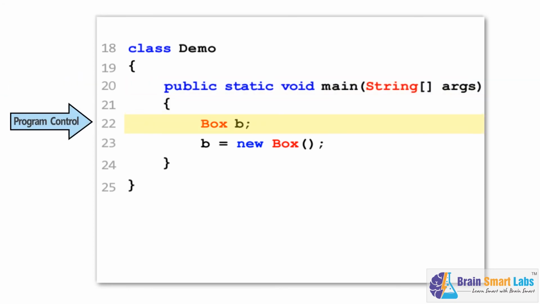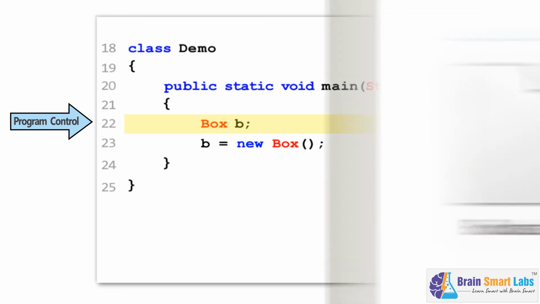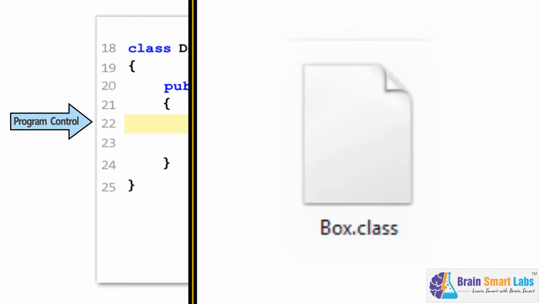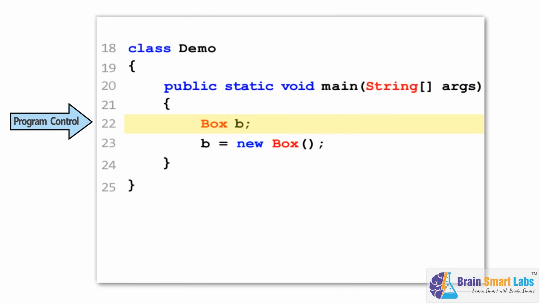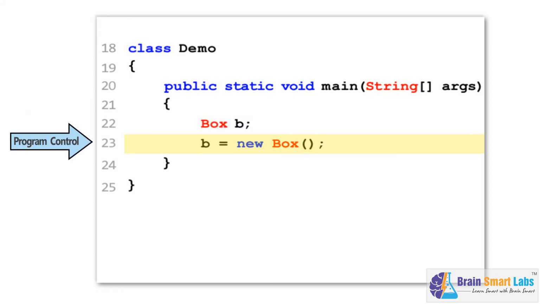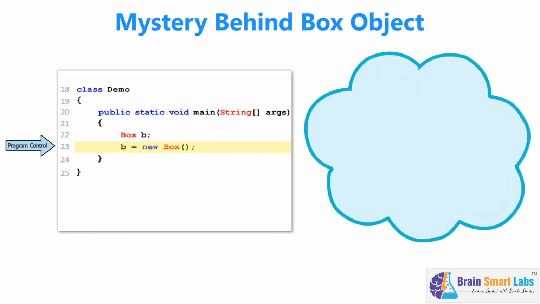In line number 22, when your program says box b, as we are declaring the box variable for the first time, the box.class present inside your hard drive gets loaded onto your JVM. When the program control reaches line number 23, as we have written b is equal to new box, a new box object gets created inside the heap memory present in our JVM, inside a specific address location whose address will now be stored inside our variable b.